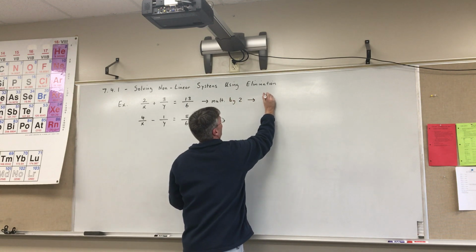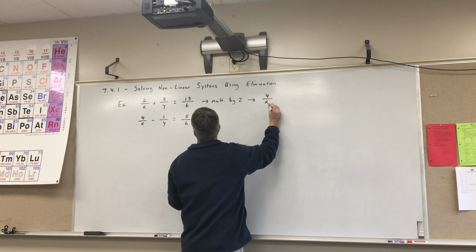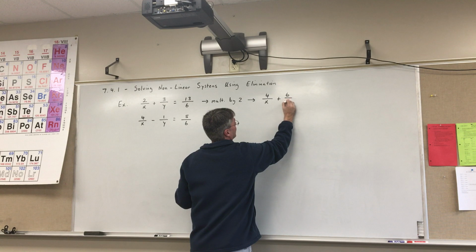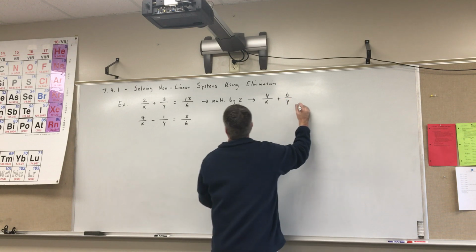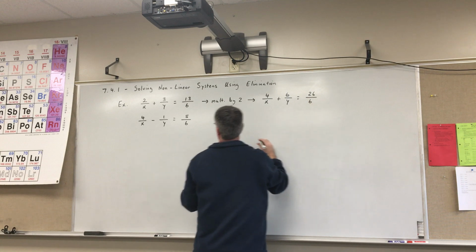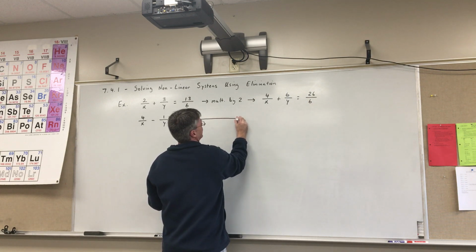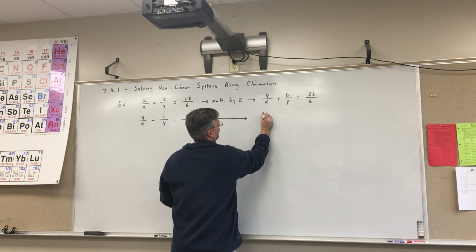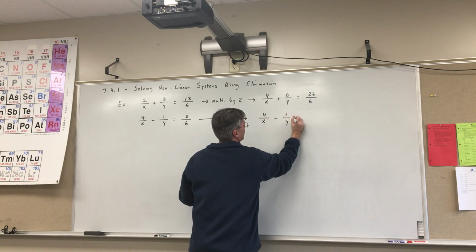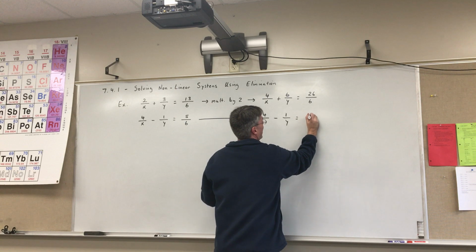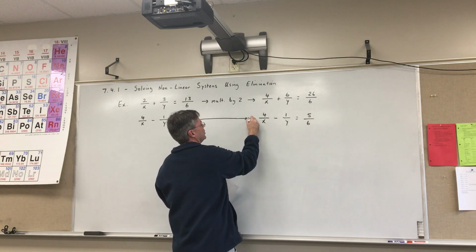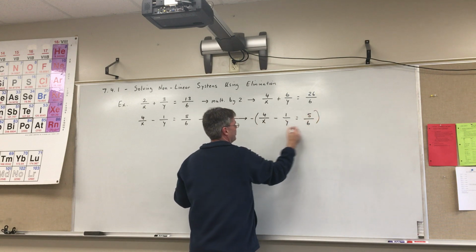So that'll give us 4 over x plus 6 over y is equal to 26 over 6. Rewriting the second equation underneath, I have 4 over x minus 1 over y is equal to 5 over 6. I'll subtract the second equation from the first.